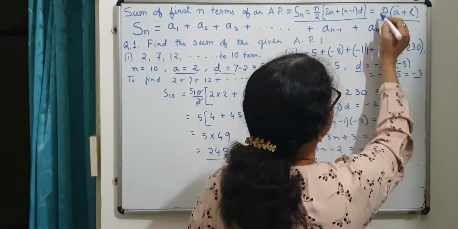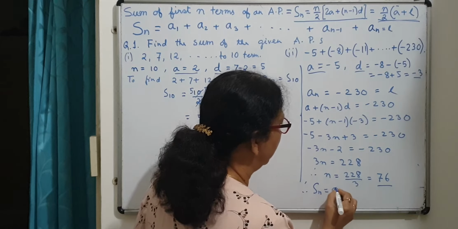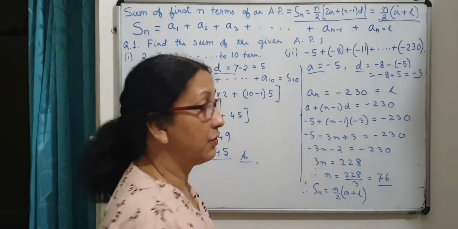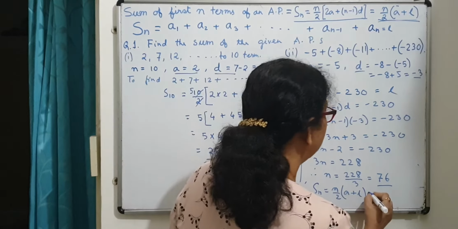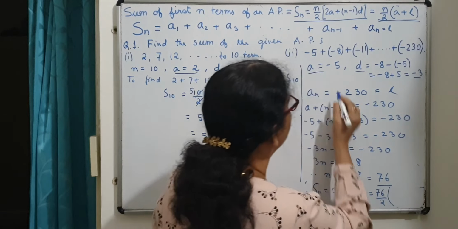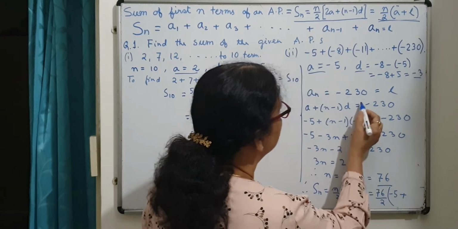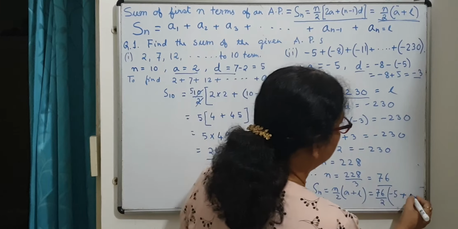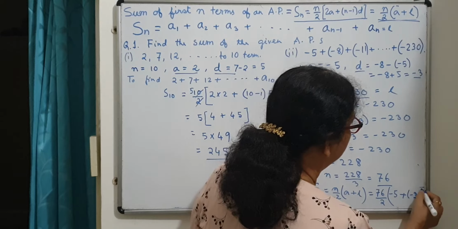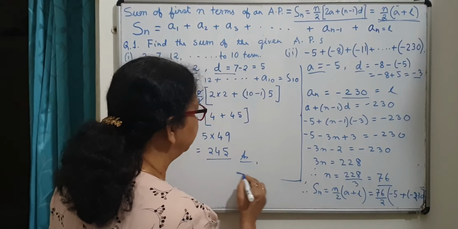Now I can use this form. Therefore Sn is n by 2, first term plus last term. I'll be using this formula because I know n. So it is 76 by 2 into first term, minus 5, and the last term, minus 230. By simplifying, I can very easily get the value.